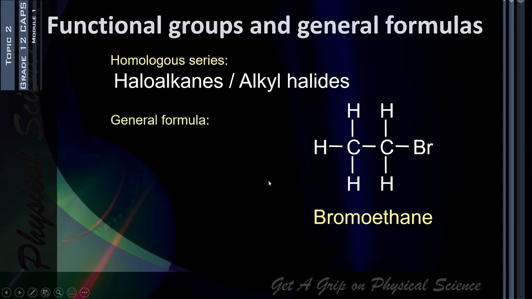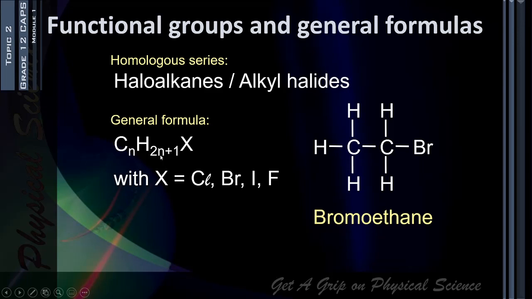If we look at the general formula of the haloalkanes, you will see that there are double the amount of hydrogens compared to the carbons plus 1, and then there will also be at least one of the halogens in this general formula. So we indicate that with an X, and then you just show at the bottom that X can be any one of these halogens.